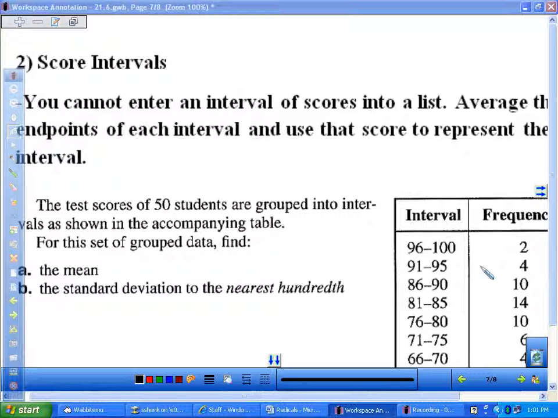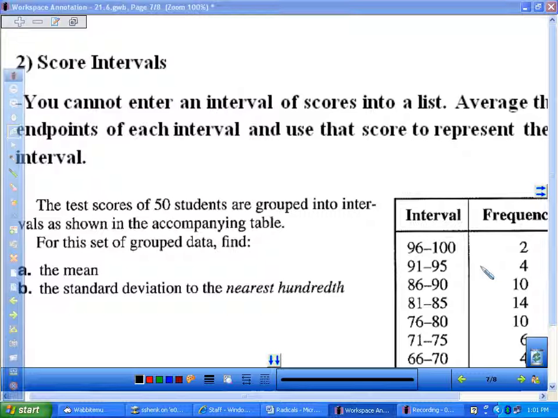Get the average of it. You're going to average your two endpoints. 96 plus 100 is 196. 196 divided by 2 is 98. So for that 96 to 100, what will we be entering into the calculator? 98.